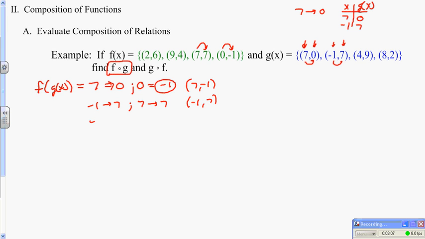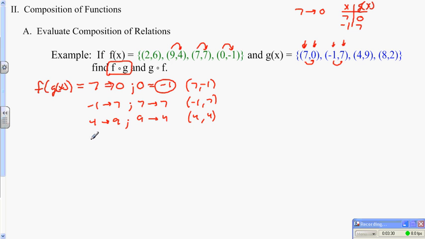If we start with a 4, the g of x changes it to a 9. The f function will take a 9 and change it into a 4. So starting with a 4, we'd end up with a 4. Stay the same.